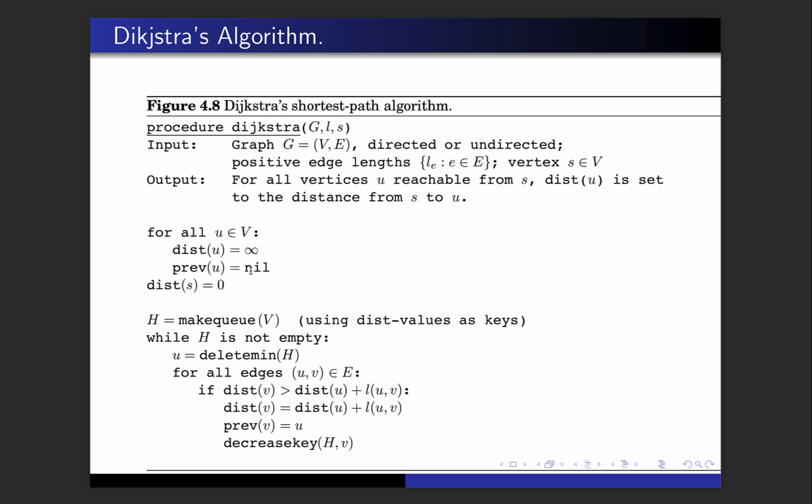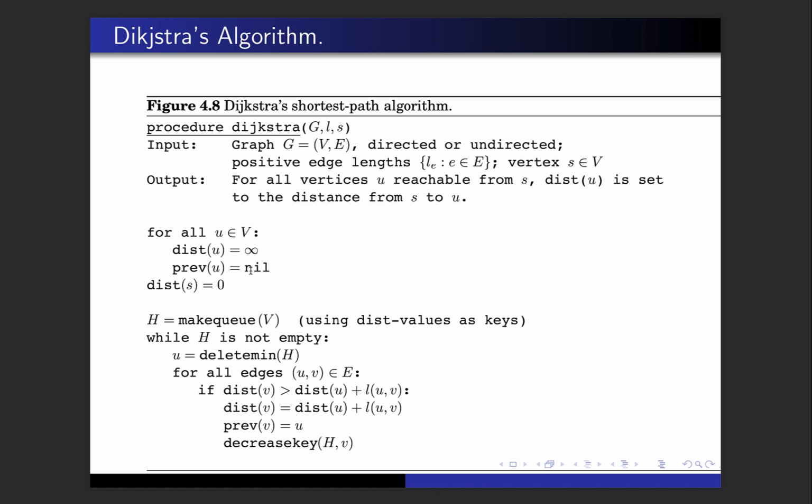But this will store a vertex, and to me this is the parent of every vertex U in the graph, and the parent is the vertex that comes right before U in the optimal path from S to U. And as we move and update the distances, we are also going to update the parent, and in this way we can recover the optimal path at the end with this array pre of U.